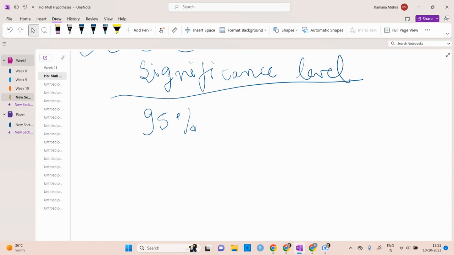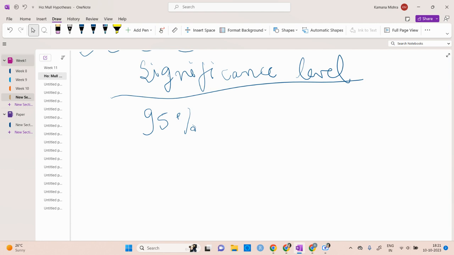Now I will say whether it is following it significantly or insignificantly, right? At that point, we use some KS test called the Kolmogorov-Smirnov test. There are different tests for that, which we are not dealing with now.